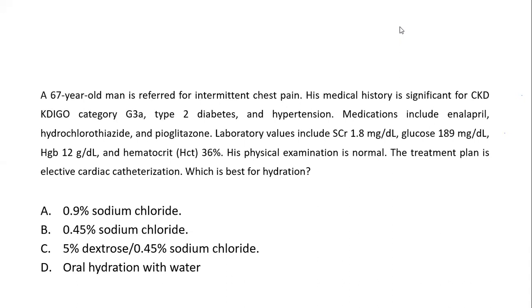So water keeps on shifting inside the cells. The cells are satiated, but the fluid that you need in the interstitium and in the vessels is not there. That is why 0.9%, since it's isotonic, just like the plasma and the fluid in your body, is the most preferable fluid for hemodynamic stability and replenishment.